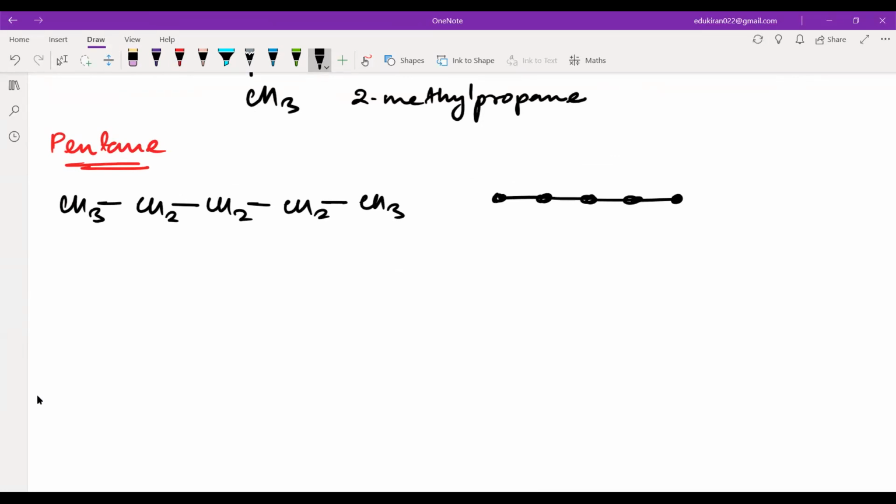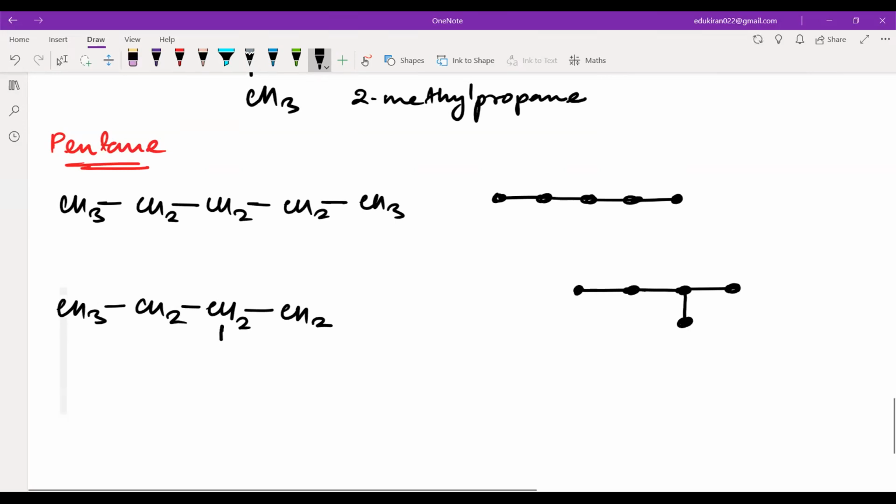So what we can do is write the structure as 1, 2, 3, 4, and place one of the bonds here. So this will be CH3, CH2, CH2, then CH2. I want to add a CH3 here, one bond here. So I have to make it CH, because carbon can only have 4 bonds, and then CH3. Like this, you can make one isomer for pentane.